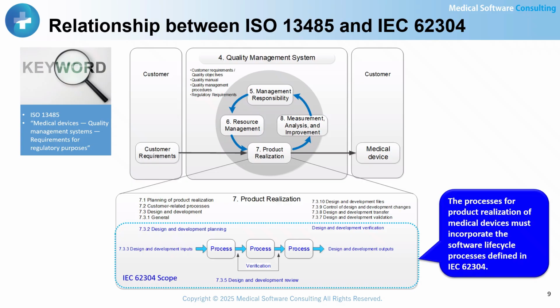IEC 62304 can be positioned within ISO 13485 as part of the product realization process. Specifically, the design and development inputs defined in ISO 13485 Clause 7.3.1 serve as the starting point for executing the software lifecycle processes in IEC 62304, and the outputs from Clause 7.3.4 of ISO 13485 represent the results of these processes.